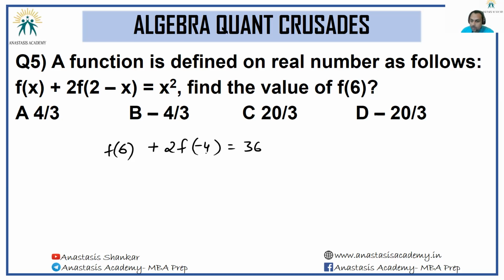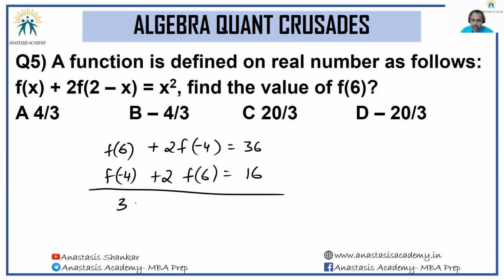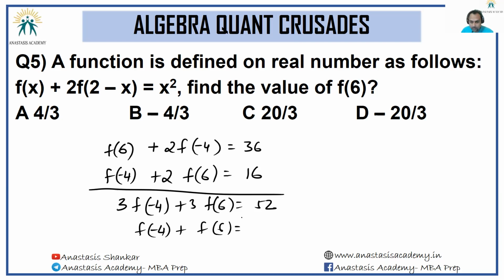And now, because we don't know the value of f(-4), go ahead and plug in minus 4. f(-4) plus 2 times f(6) is equal to 16. So now we have 3 times f(-4) plus 3 times f(6) is equal to 52.